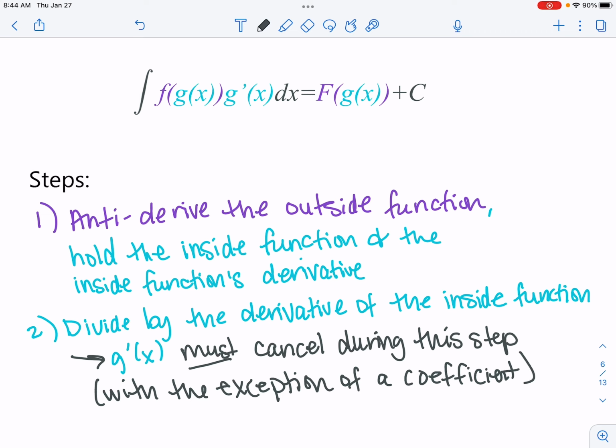All right, so pause if you need to write some more of that down, but those are our 2 steps. Very similar to what we were just doing. Now we've got this caveat of we can't be left with all these extra variables, okay? G prime has to cancel during that step 2.